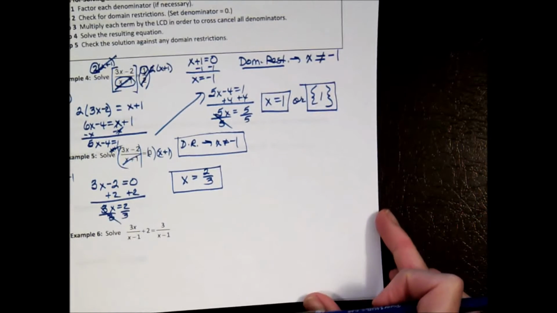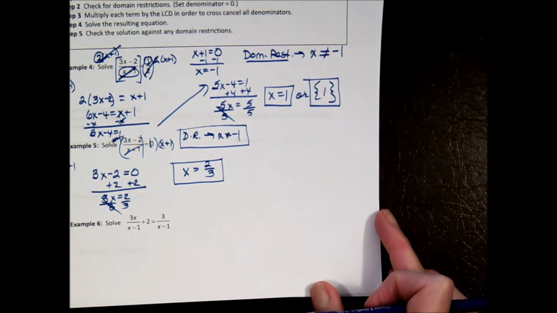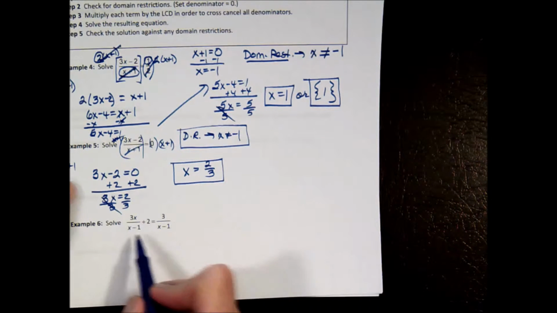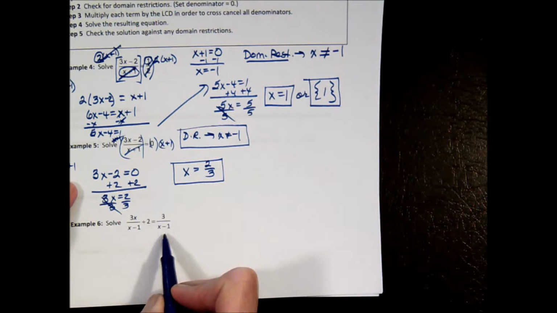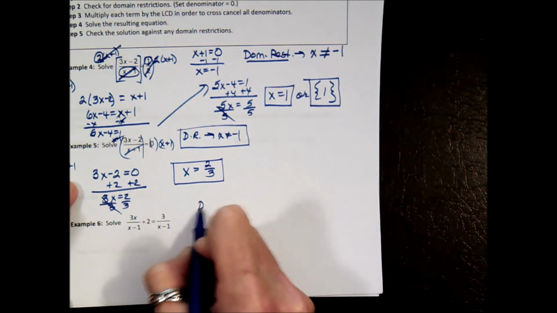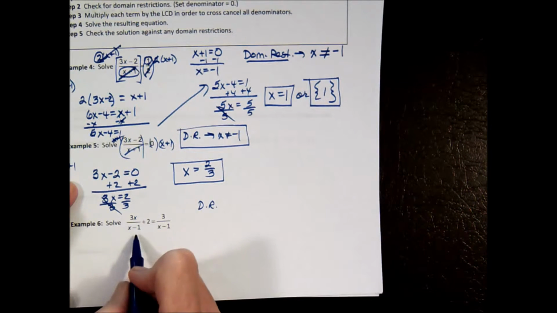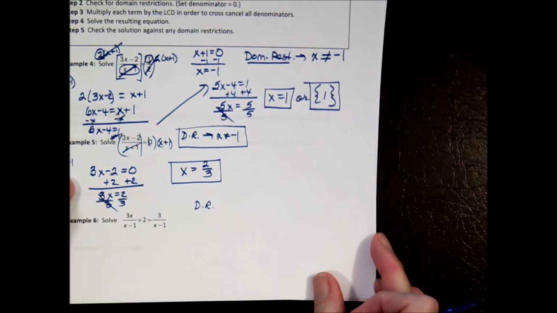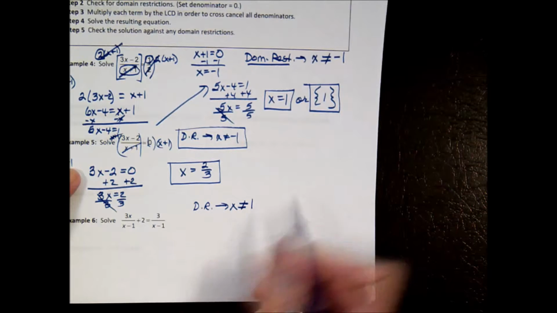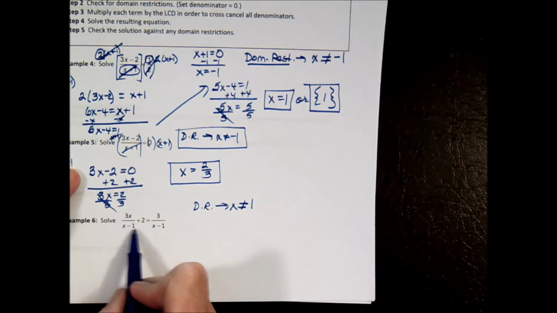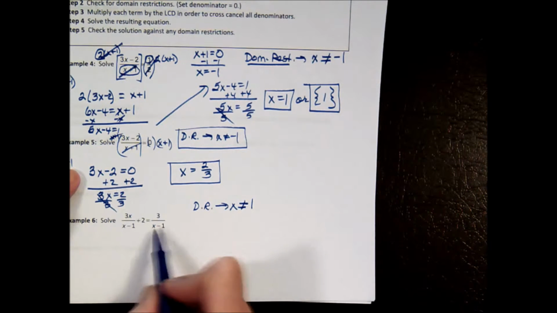All right, let's look at number 6 here. I have variables in the denominator. Now my denominators are the same, so I only have to do this one time. My domain restriction, I think you can tell by inspection, I don't need to set that equal to 0, is that x cannot be 1, because if it is, I would have a 0 in both denominators.